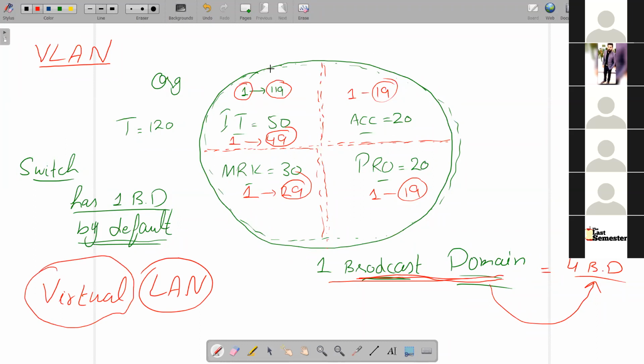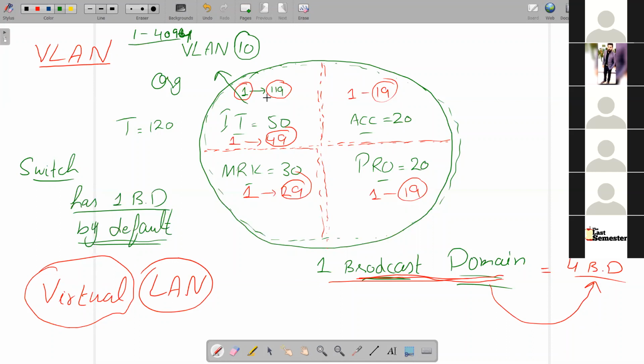And obviously, we need to assign some IDs. For example, I will say all the guys who belong to the IT department will now be isolated in VLAN 10. It could be any number from 1 to 4094, 4096 or 94, I guess.